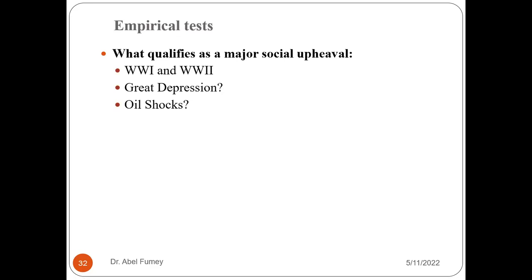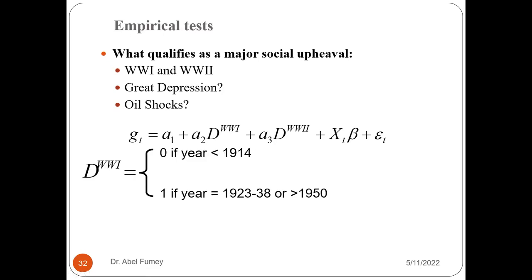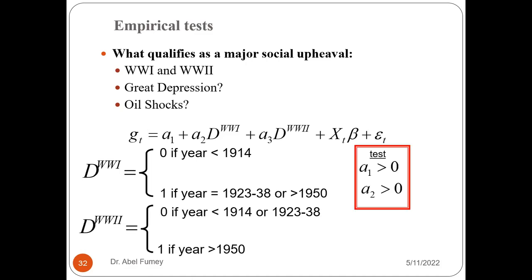Okay. So what are some of the examples of social upheavals? Like the world wars, the First World War and the Second World War, the Great Depression, oil shocks, and all that. There's an econometric model. If you take this is the government spending, this is the coefficient of the First World War, this is the coefficient of the Second World War. These coefficients are dummy variables, which means they take only two values, 0 and 1. They are 0 in the times where there was no war, and 1 during the times where the war was actually in progress.